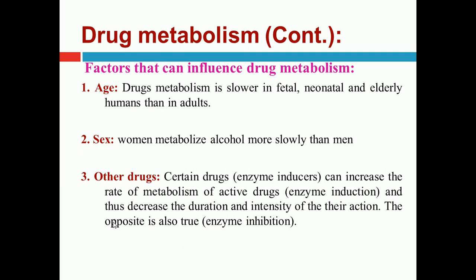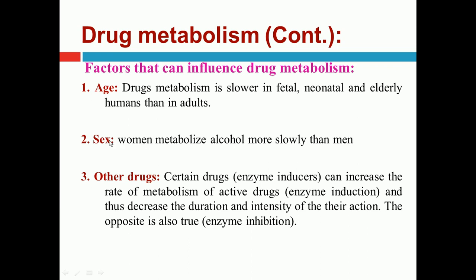And what are the factors that can affect drug metabolism? For example, age. Drug metabolism is slower in fetal, neonatal and elderly humans than in adults. Elderly people and children have slow metabolic processes, so we need to reduce doses.